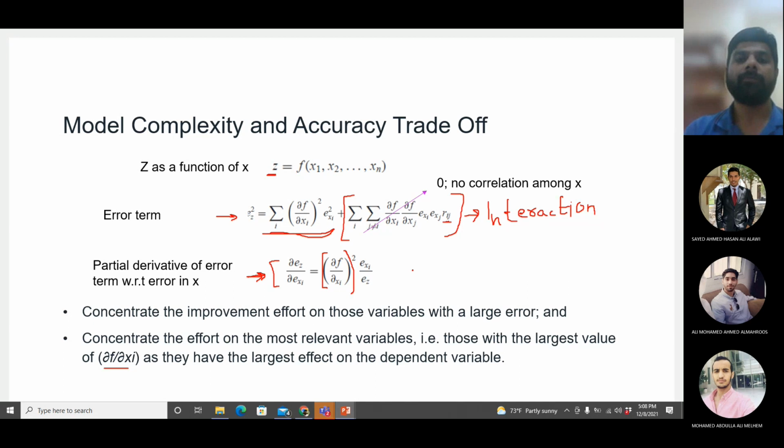So if you can find one variable which fits both rules, your work is easy. Now you have to concentrate on one variable, improving its accuracy. Obviously other variables are less important, but that doesn't mean that you will completely avoid them. You still have to take them into consideration, but your focus will be on a limited set of variables.